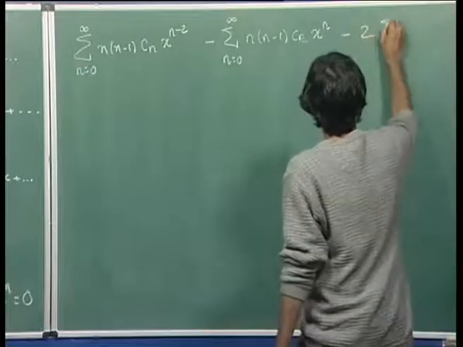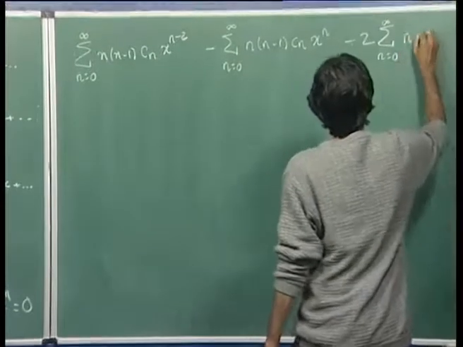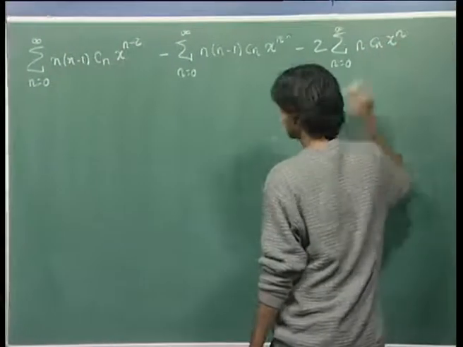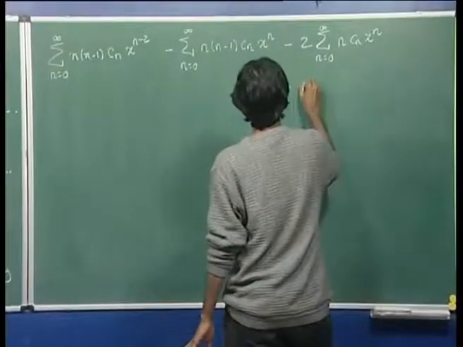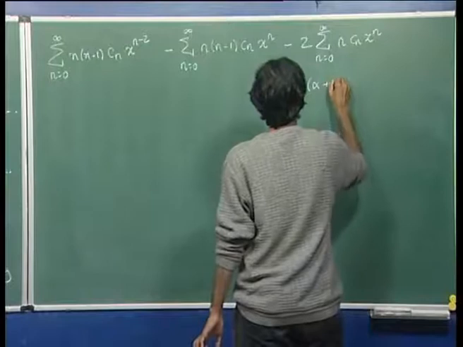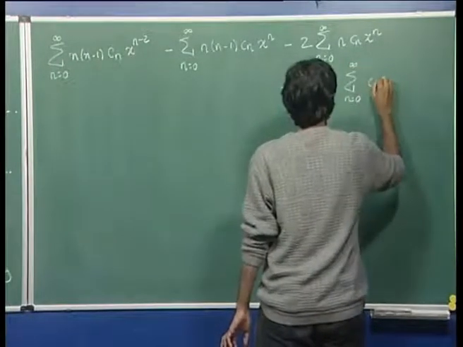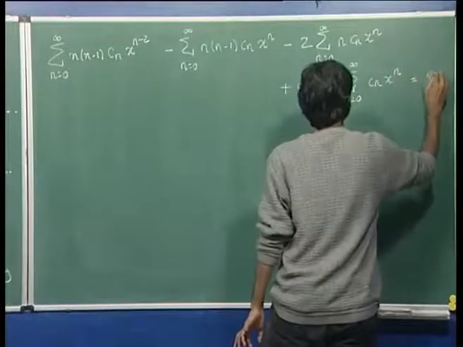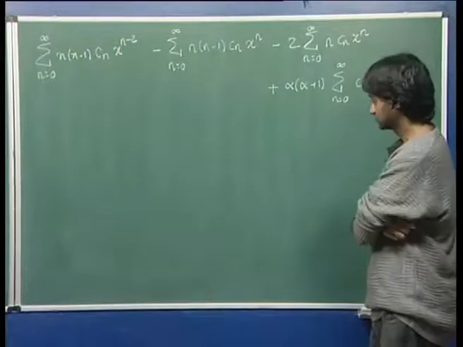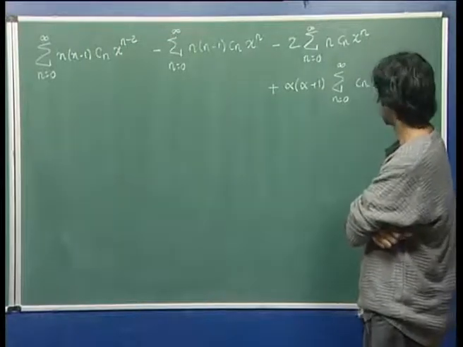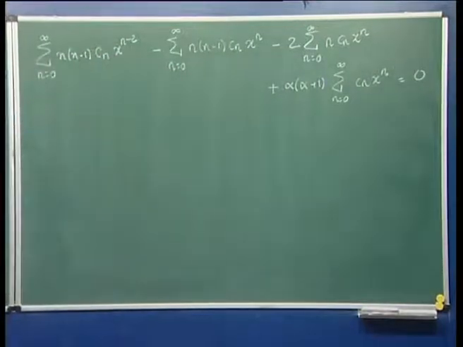Similarly, what you have here is a 2 n C n x raised to n, and finally, the last term will be alpha (alpha plus 1) C n x raised to n, into 0. Okay. So, we have the condition in this form.